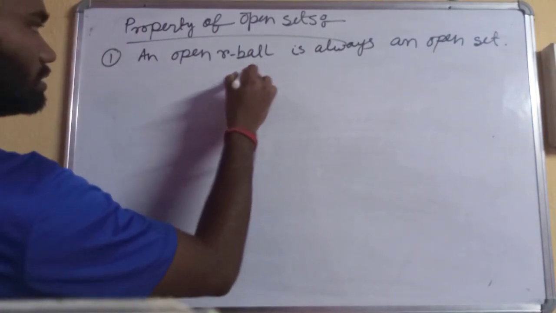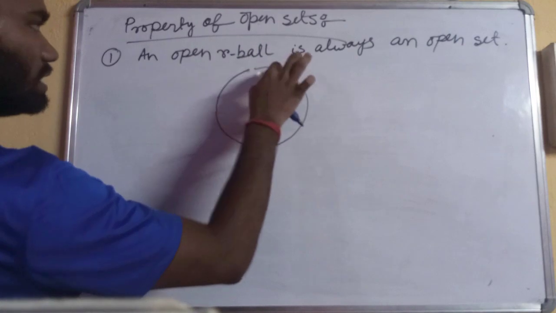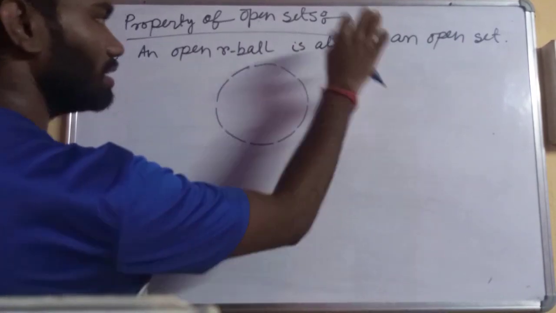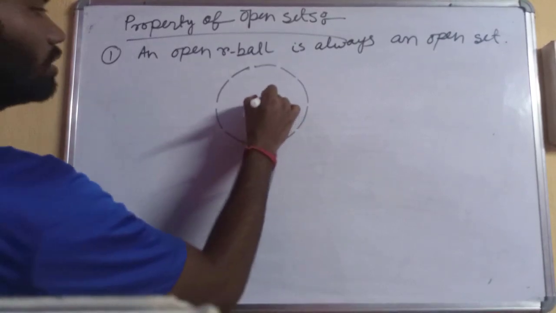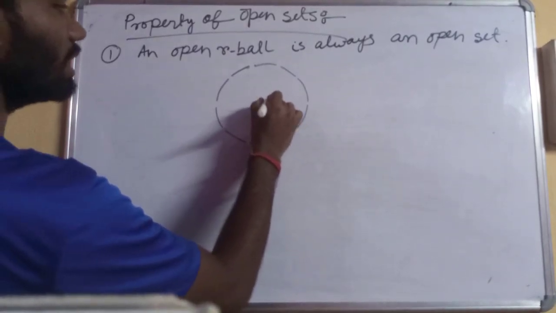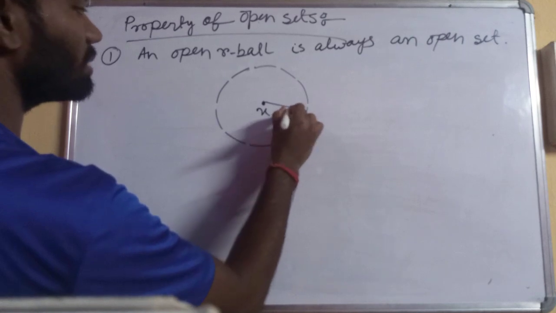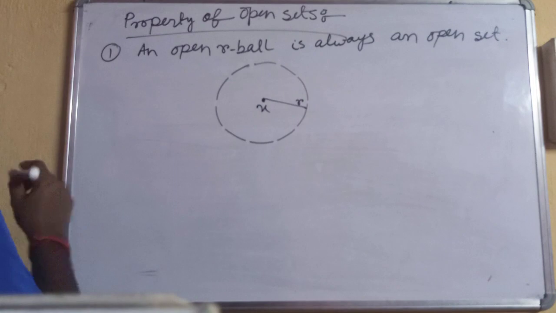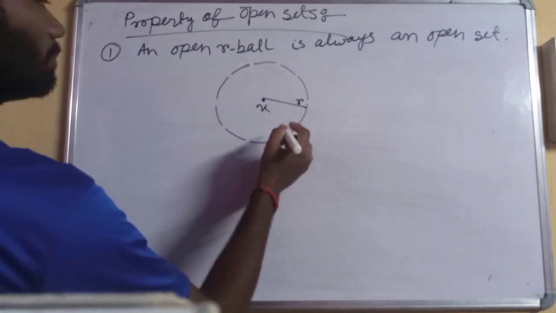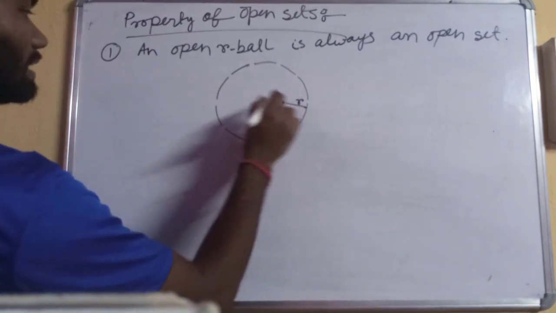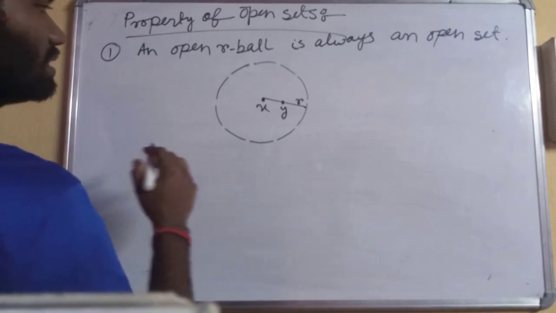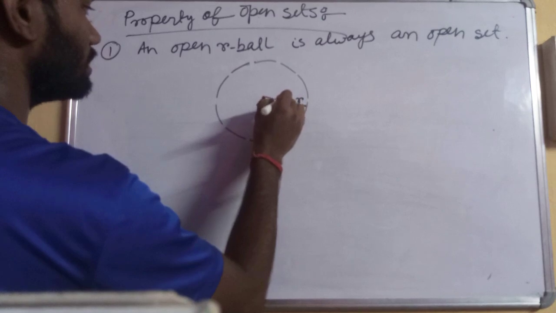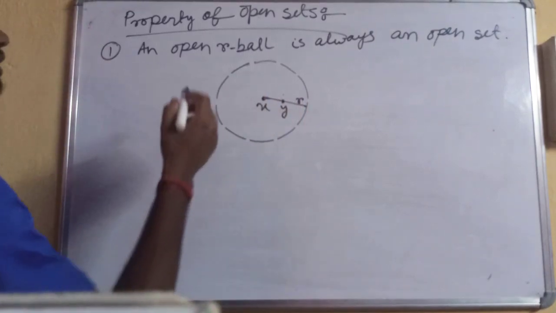Suppose it is an open r-ball, x is the center and r is its radius. Then we can take any point y other than x, and the distance between x and y is greater than or equal to 0.